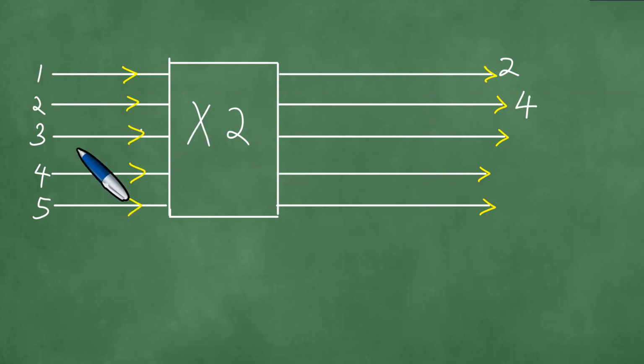What is 3 times 2, Mpile? 3 times 2 is what? It's 6. It is the number 6. 4 times 2 is what?